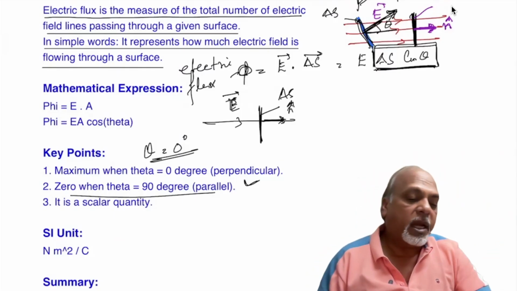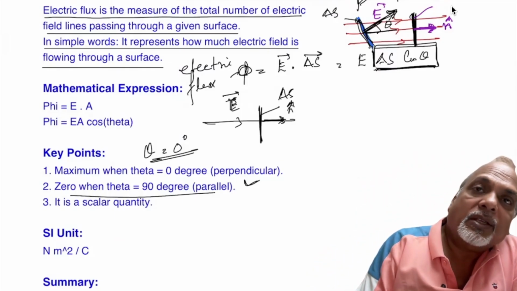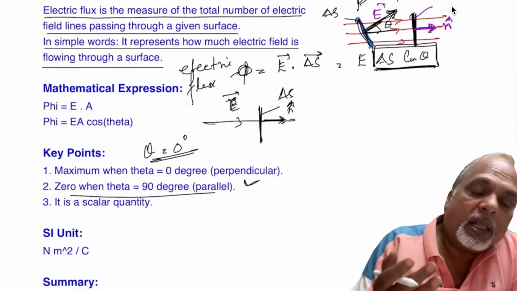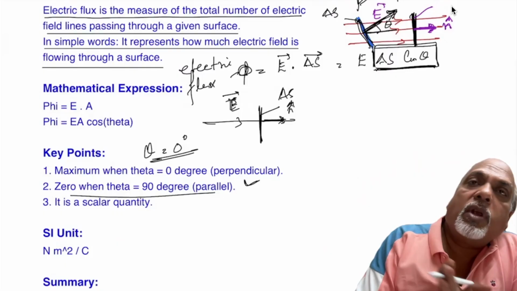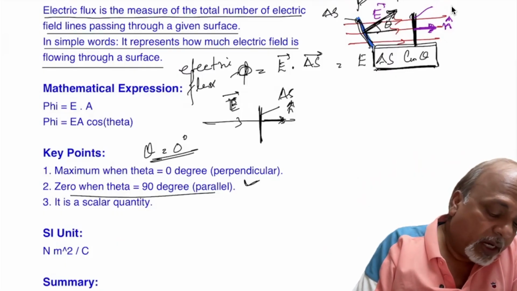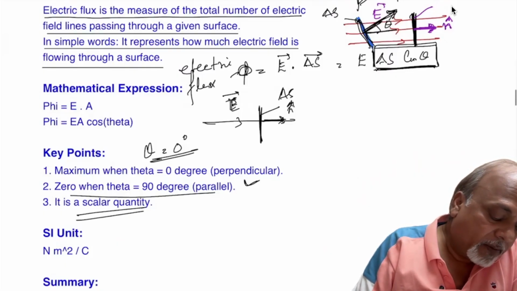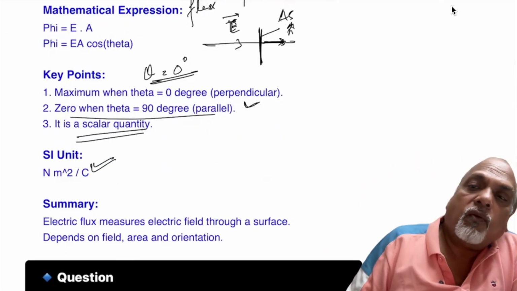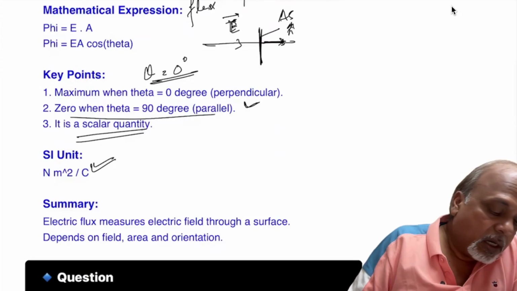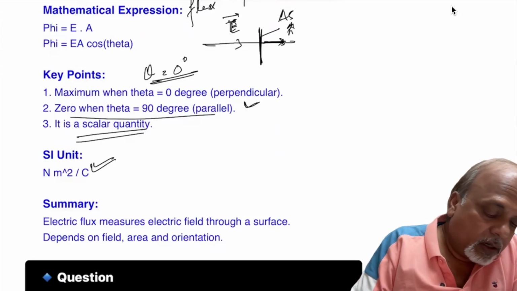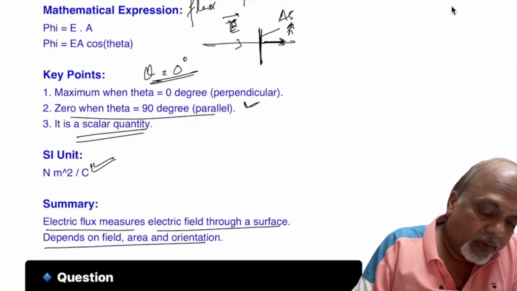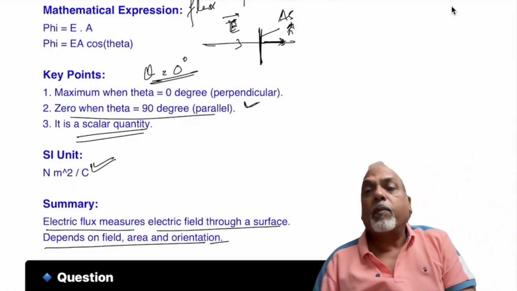And naturally, in that case, your flux will be 0, because it is parallel to electric field lines, means no electric field lines are passing through the area. It is basically a scalar quantity. Electric flux through a surface depends on the field, area and orientation, of course.